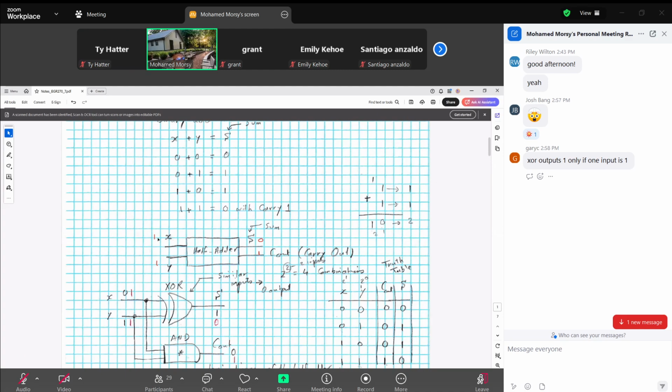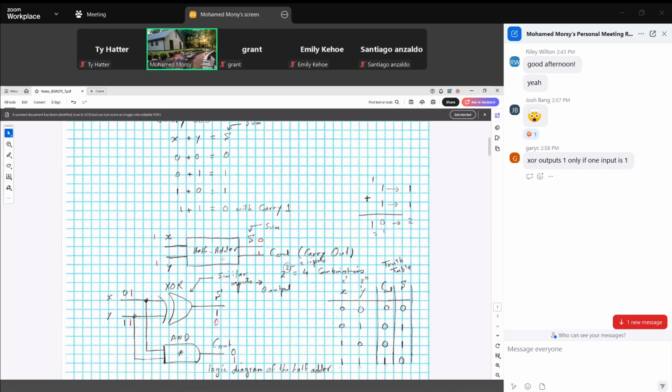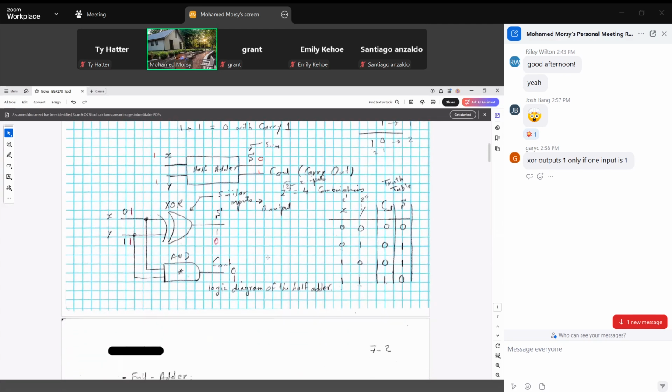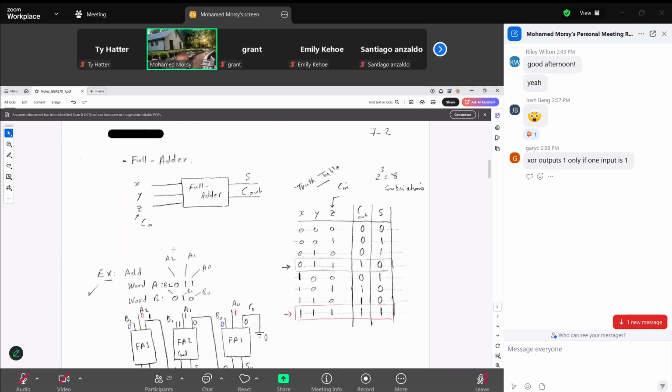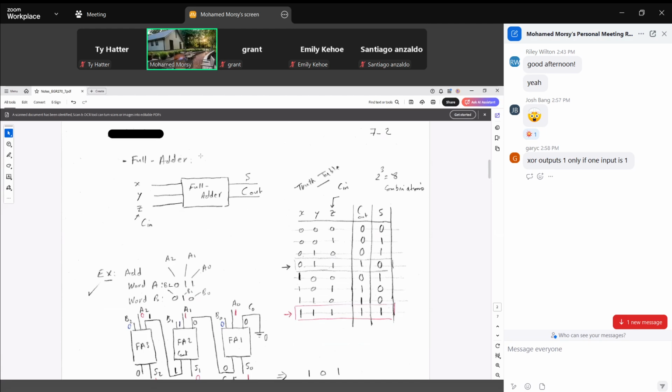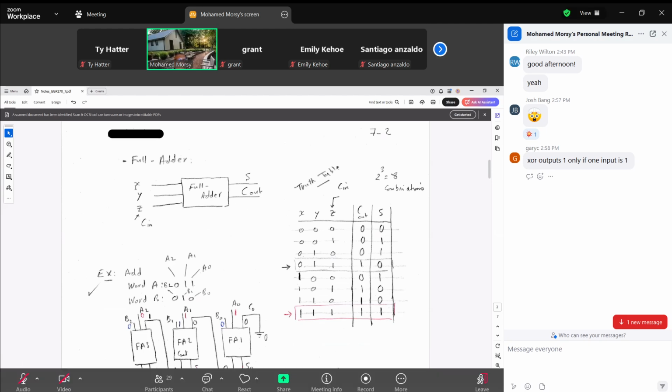As we see here, the half adder has only 2 inputs, but the full adder has 3 inputs. So what is the third input? If we look at the simple block diagram here, we have the 2 inputs, X and Y, and Z. Z is actually the carry in.